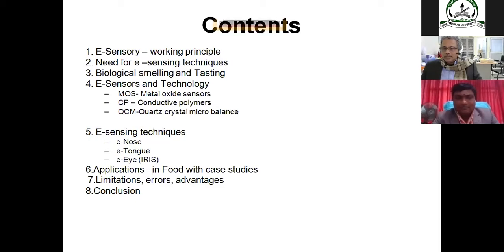Then biological smelling, testing, and modeling, and how we can use the basic principle in the e-sensor for biological samples. I will discuss different e-sensing techniques a little bit, ENOS, ETA, EI. Then some applications we have targeted, food quality detection and clinical case studies. I will also discuss some limitations, errors, and advantages in this lecture. Then we will discuss the conclusion.